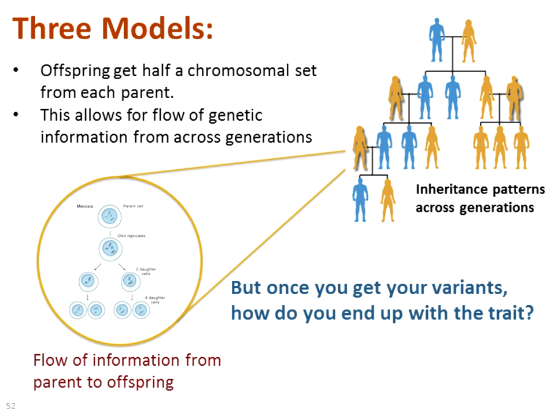This is essentially the meiotic model, the idea that offspring get half of the chromosomal set from each parent. And this is half a set, and that's a pretty important idea. So if you think about shoes, and you have about 4 pairs of shoes, it's not the case that you get 2 pairs, you get 4 half sets, right? So 4 shoes that don't match. And that's an important idea.